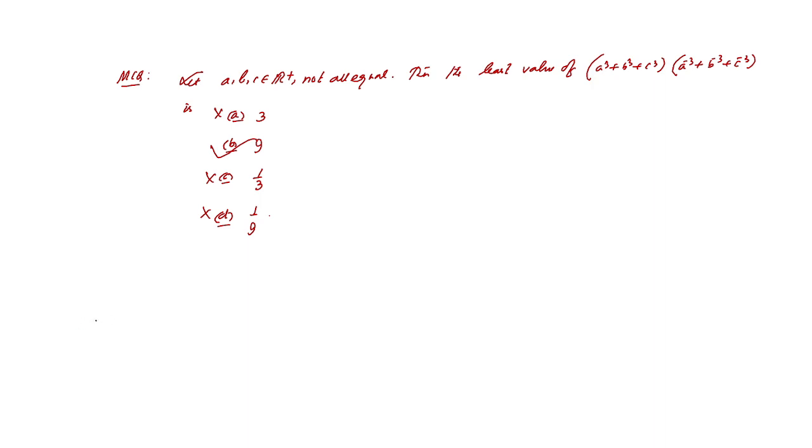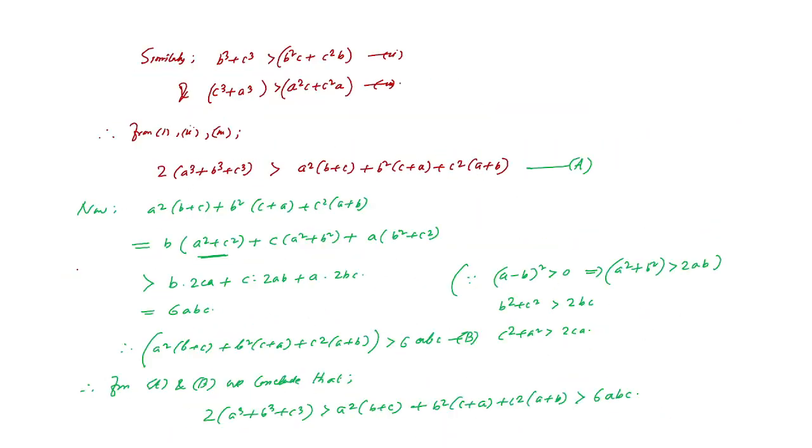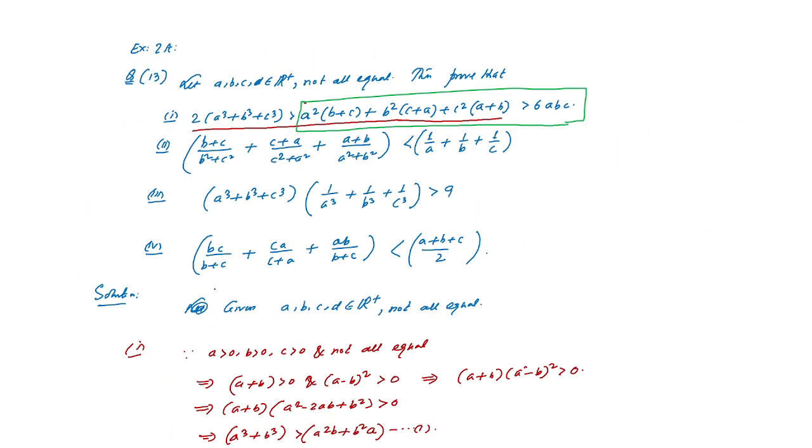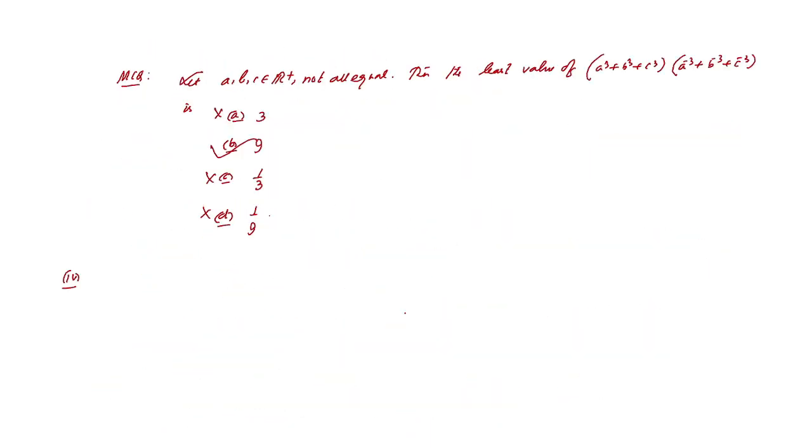Now we come to problem 4. So what has been asked here? BC by B plus C plus CA by C plus A plus AB by A plus B is less than A plus B plus C by 2. So what exactly is given? It is given A, B, C all are positive real numbers, not all equal. So what we have to prove?